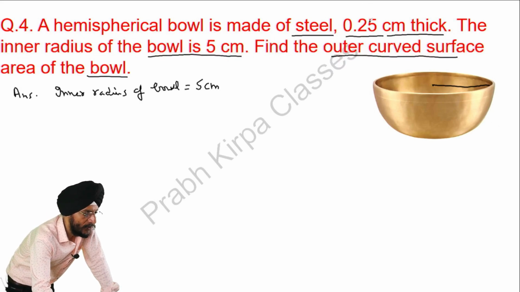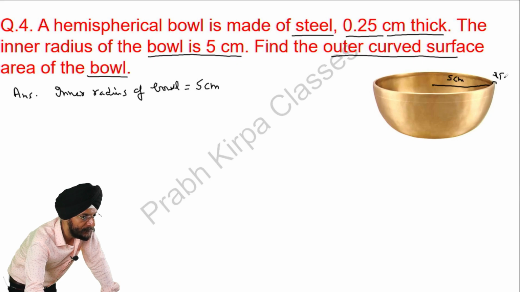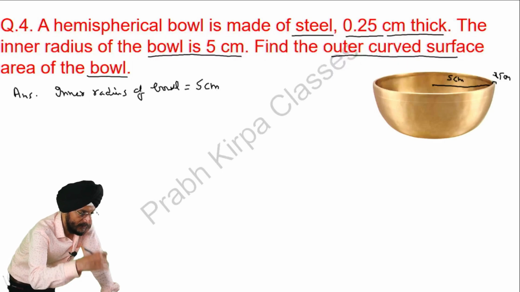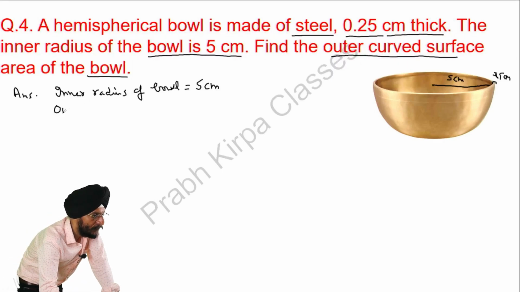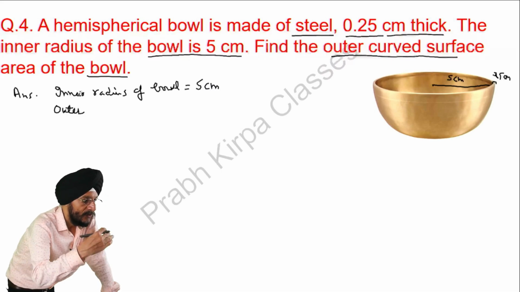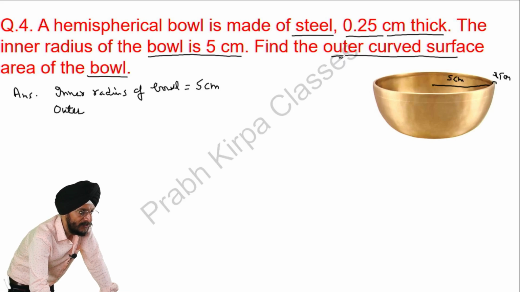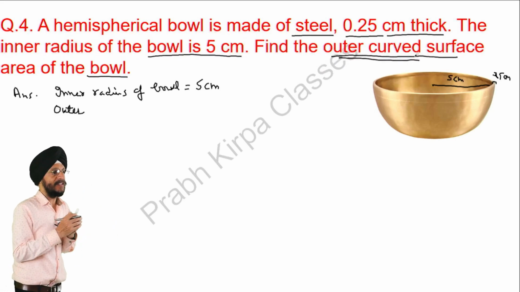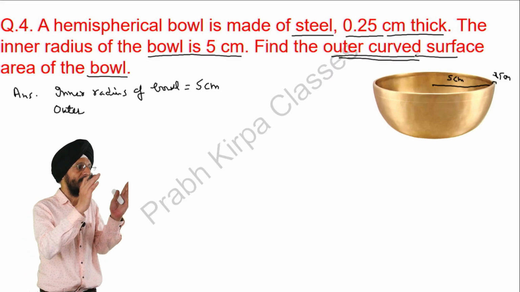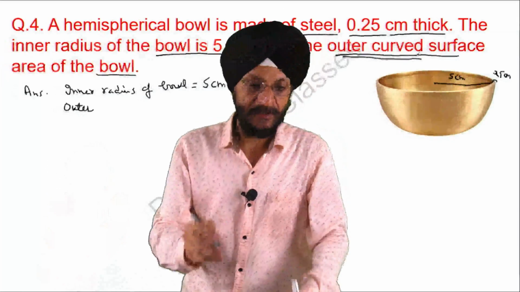So now what is 0.25 centimeter? This is this part. This is 5 and this part is 0.25. So now what do we have to find out next? We have to find out the outer radius, because we have to finally calculate the outer curved surface area, and the outer curved surface area can be calculated only with the help of the outer radius.